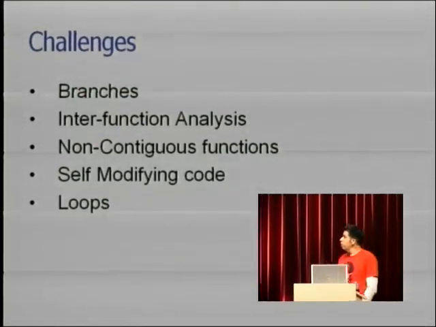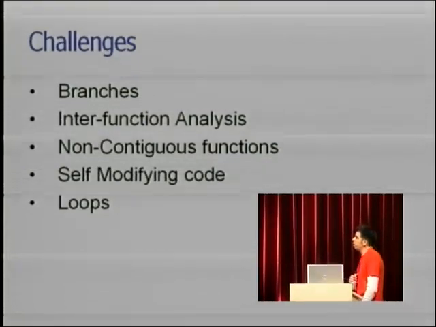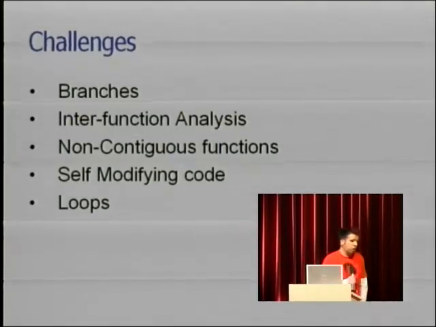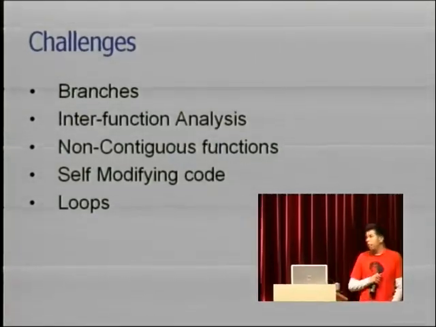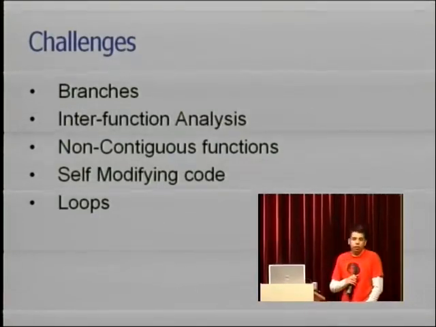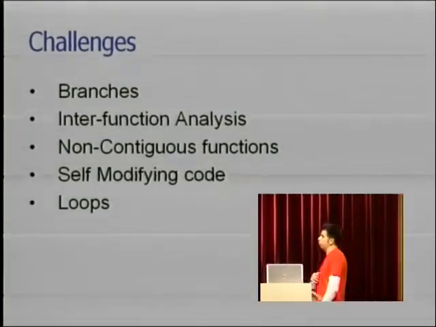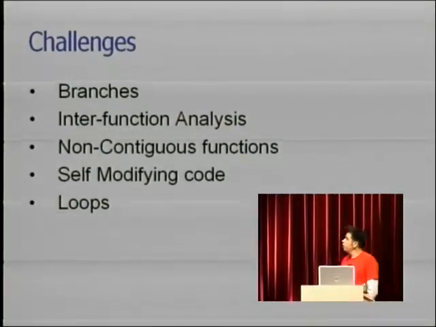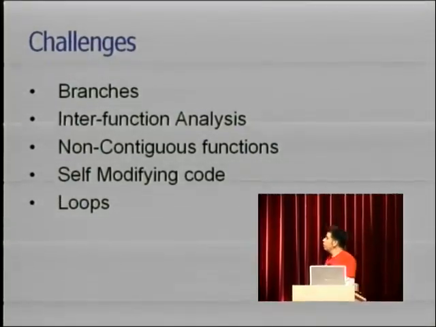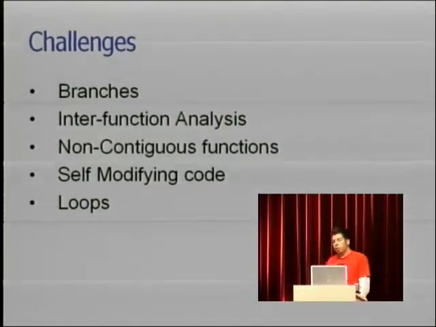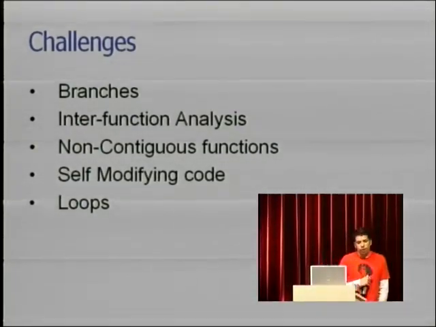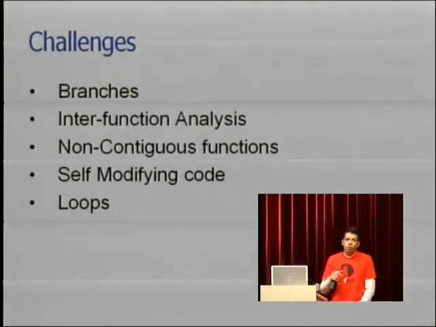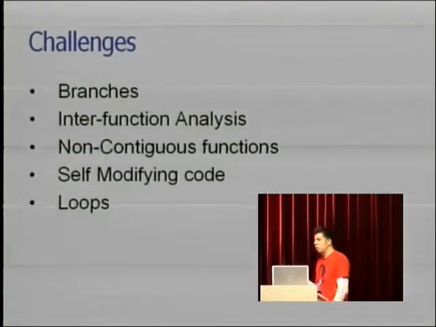Something else that can be a problem is self-modifying code, which we don't really care about, because we're looking for vulnerabilities in vendor software, and I don't know any vendors that I want to own that use packers or self-modifying code. Usually it's just straight code. And something else that can be a challenge is loops. Loops sometimes can be difficult because it requires a little bit of an algorithm to analyze if it's going to overflow something, if it's a bounded loop, if it's an unbounded loop.